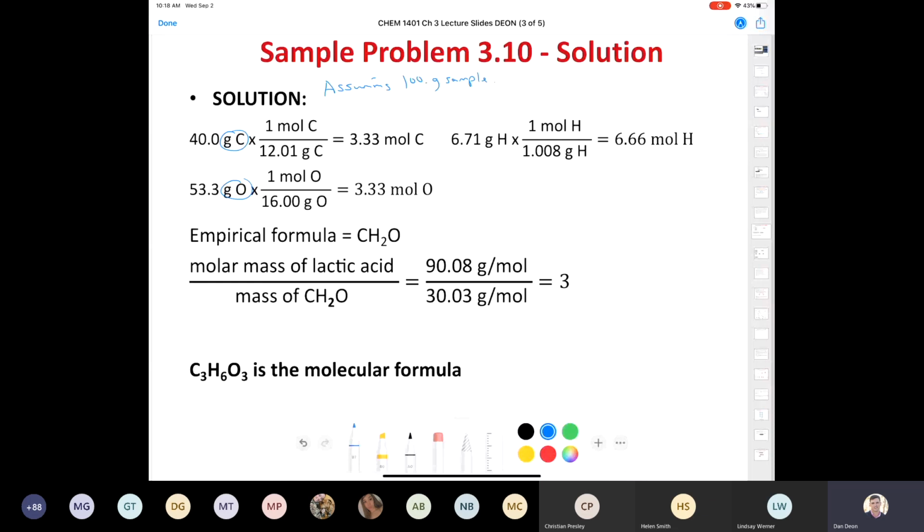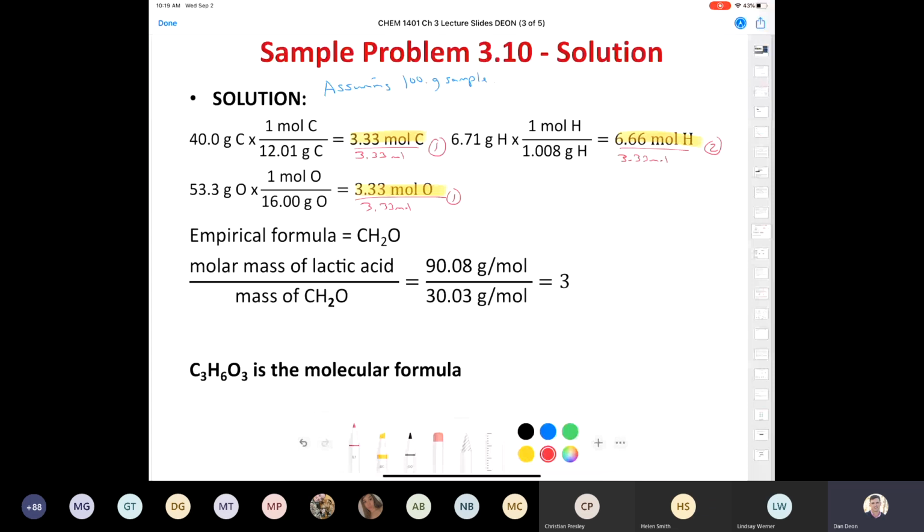So I get 3.33 moles of carbon, 3.33 moles of oxygen, and 6.66 moles of hydrogen. So what would I do? I would divide each one of these by the lowest number, 3.33 moles, and I'm going to end up with a ratio of 1 to 1 to 2.